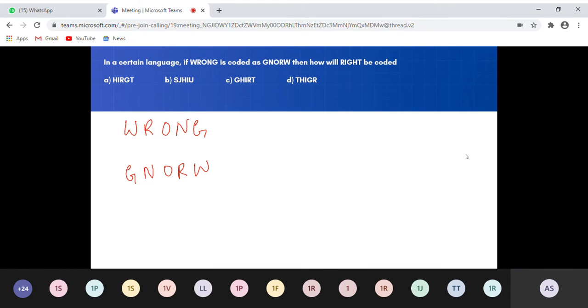Good, Venkatesh. Spurti, good. Good, Rajesh.